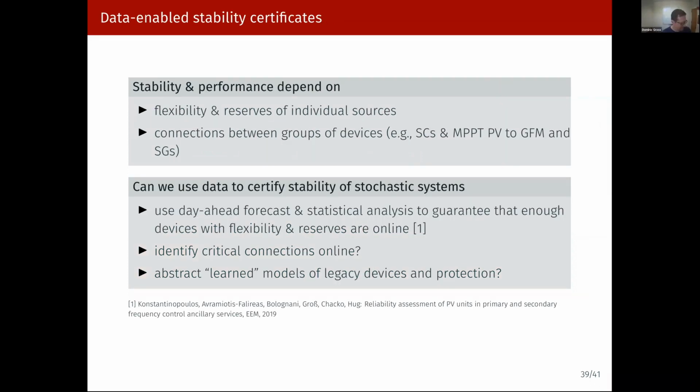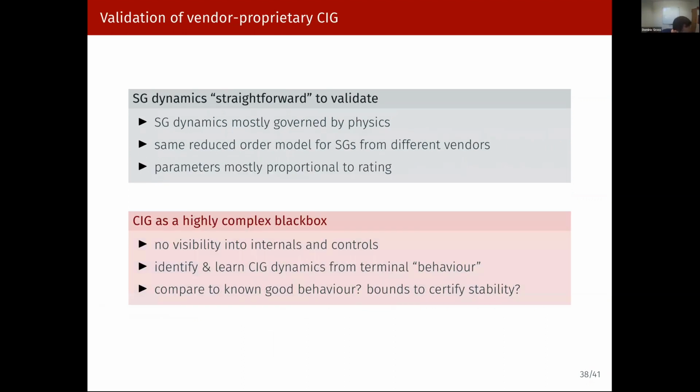Second problem, and okay, let me maybe answer the question in the chat. So would be a worst case robust stability analysis. Yeah, I'm not sure yet. That's something we've been trying to wrap our heads around.